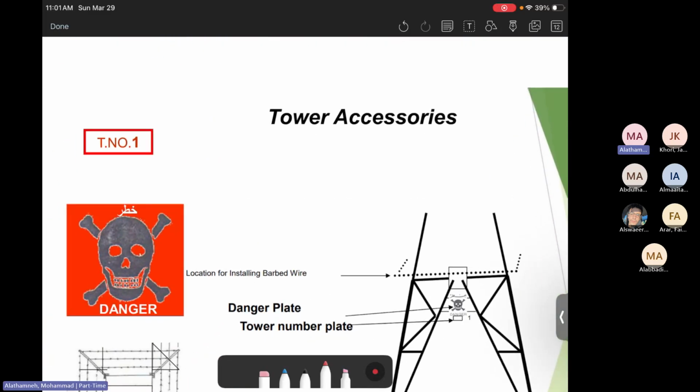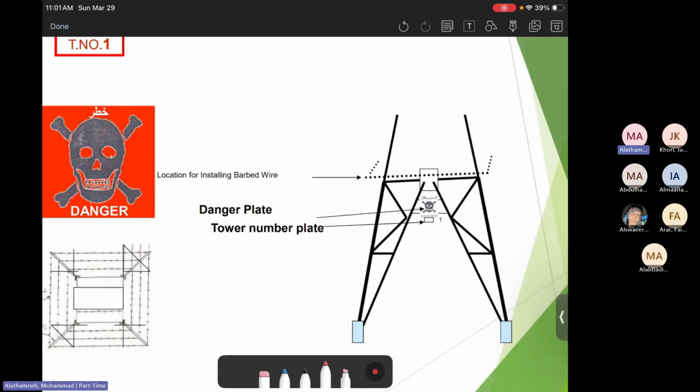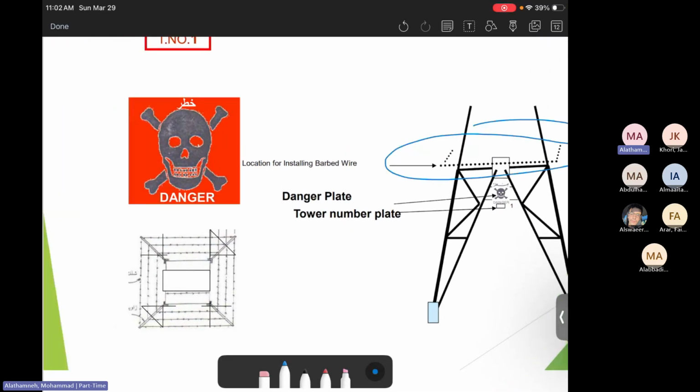Now, for the tower accessories, every tower must have some accessories to make sure everything is fine based on the standard. One of the accessories must be anti-climbing wires. This is for protection, to keep people and animals from climbing the power lines.